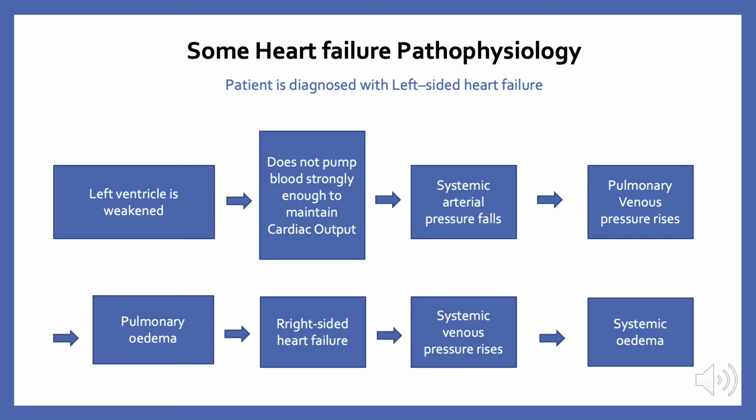Now, why is that? The right side of the heart is pumping blood into the pulmonary circulation. If the pulmonary circulation has a high amount of blood and then a high pressure of blood, then it means that it is harder and harder for the right side of the heart to pump blood into this circulation. So the right side of the heart, the right ventricle that is, tries to compensate.